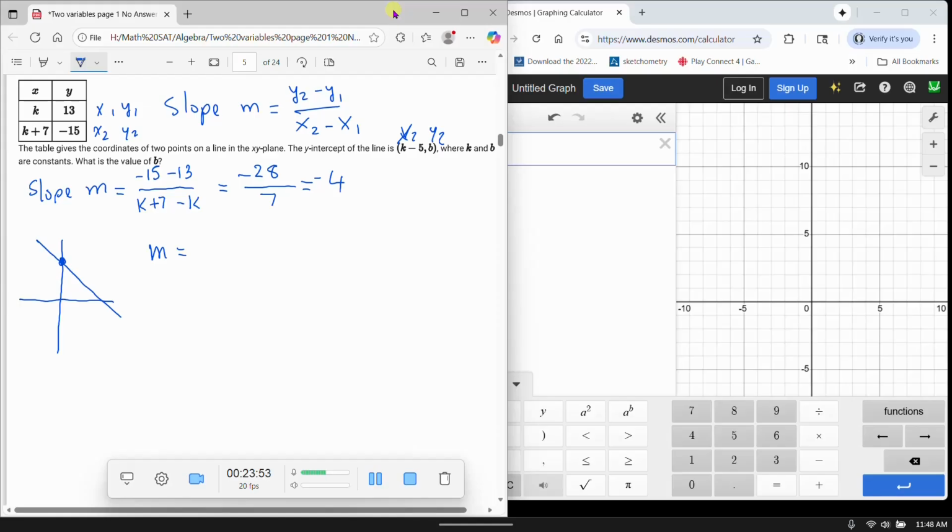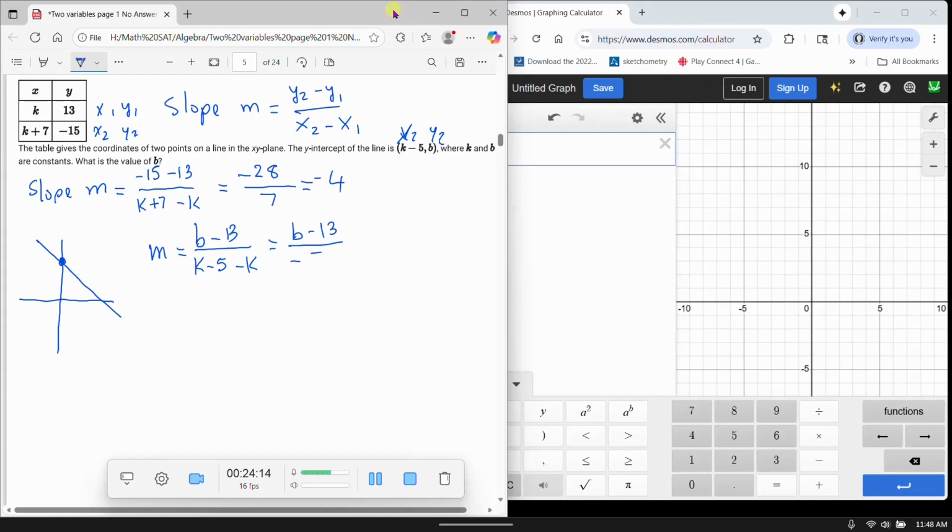So I'm going to get b minus 13 over k minus 5 minus k. For b minus 13, there's not much we can do about that. K minus k cancel out.